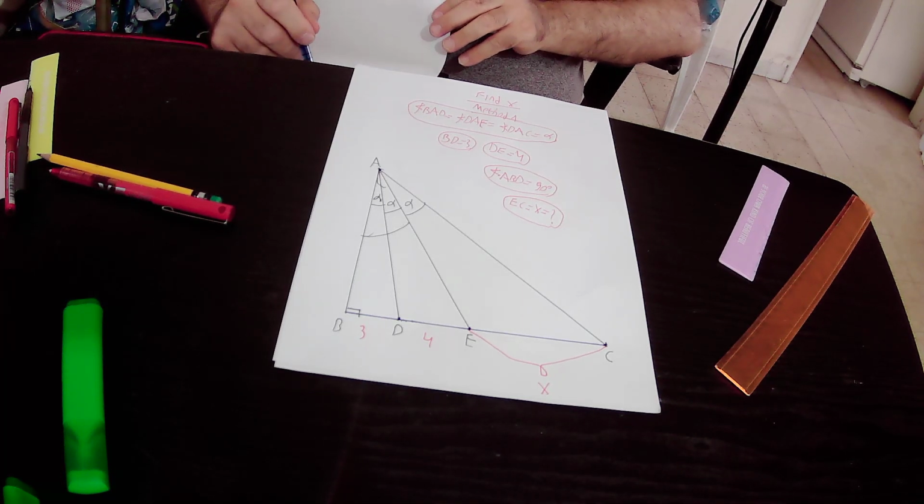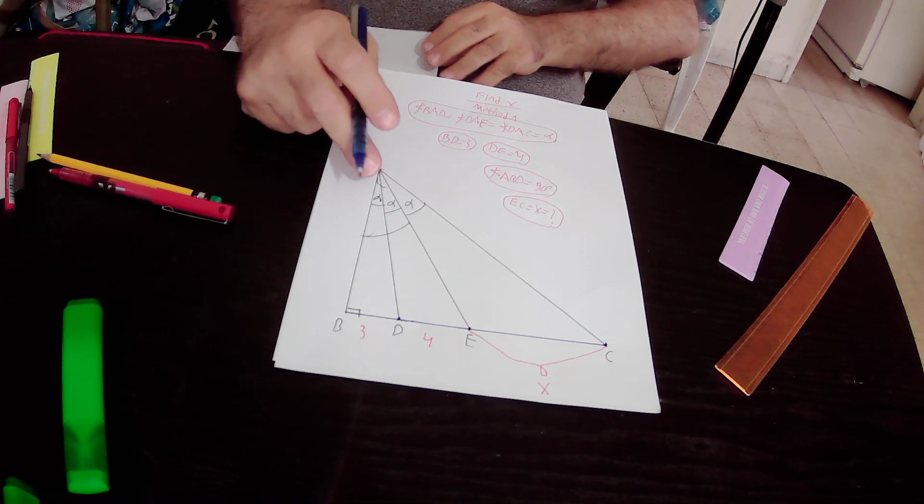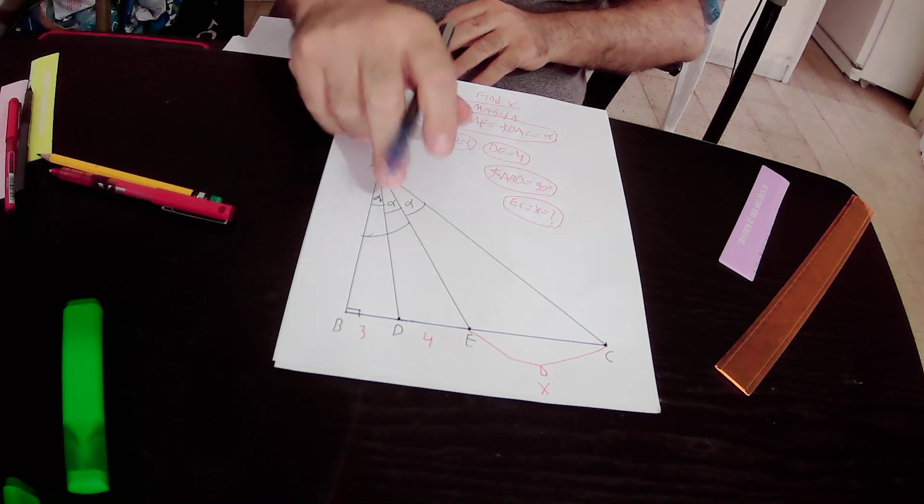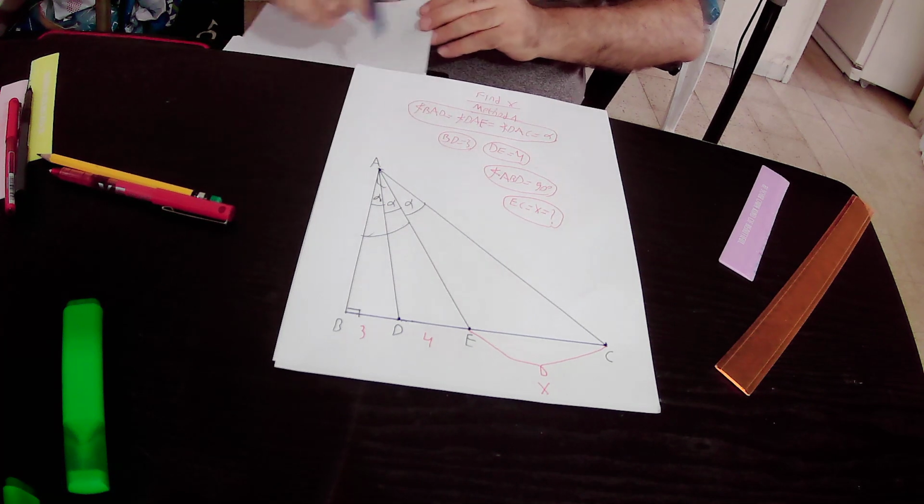In the next step we will focus on the right triangle, triangle ABC.